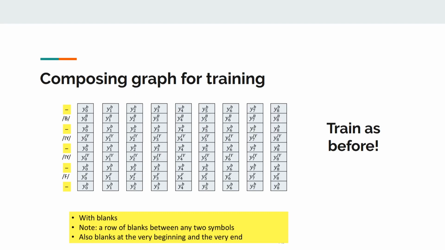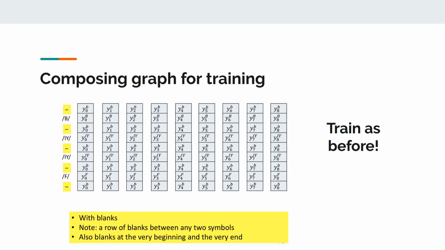And while decoding for training, you modify your graph as shown. Basically, you add a row of probabilities of a blank being produced at that particular time step between every two characters, and also at the start and the end of the symbol sequence.